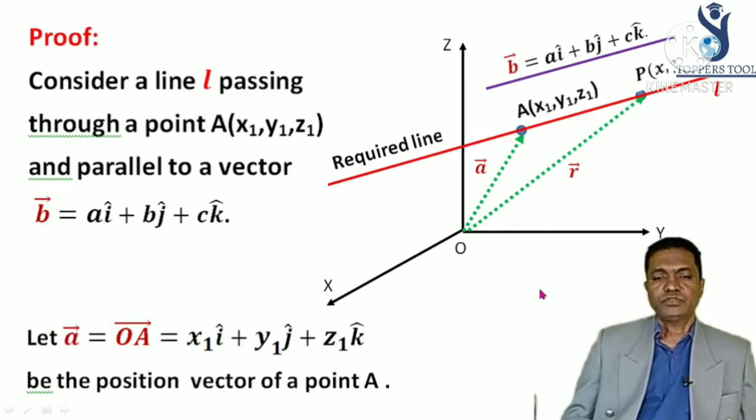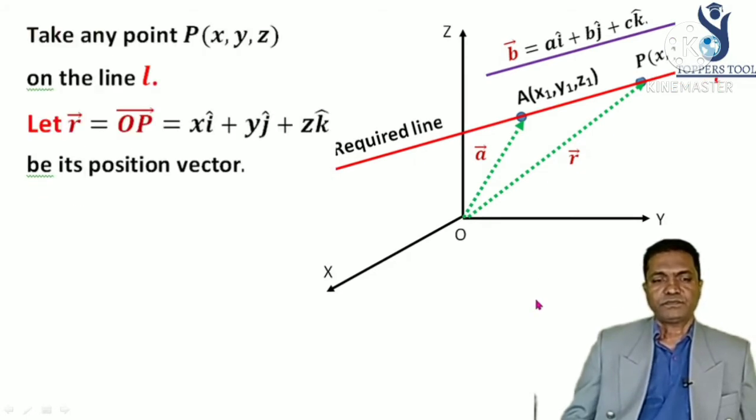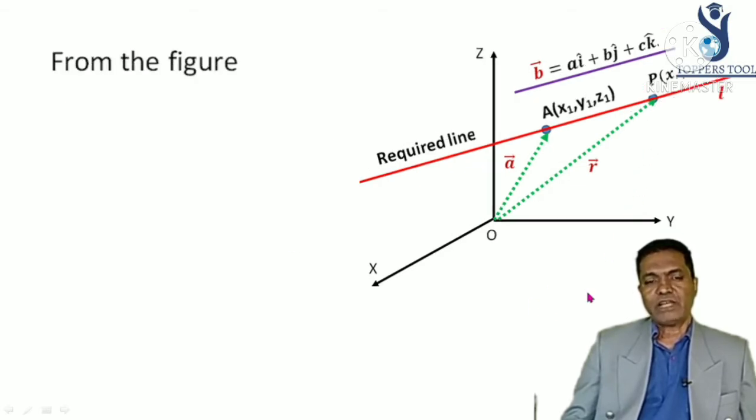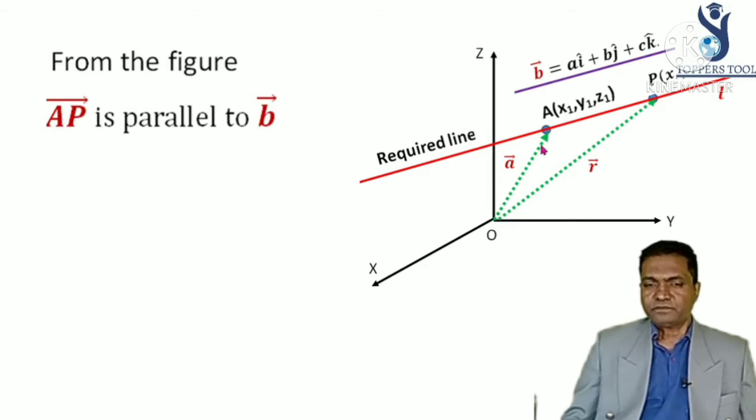Okay, so let's understand the proof. P is any point and r is the position vector, as I explained earlier. Now let's see what will happen. In the figure, vector AP is parallel to what? It is parallel to b, because you constructed the line in such a way that it is parallel to vector b.